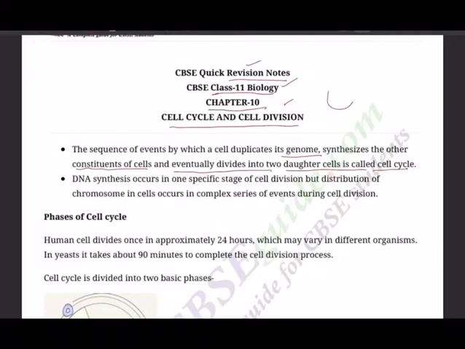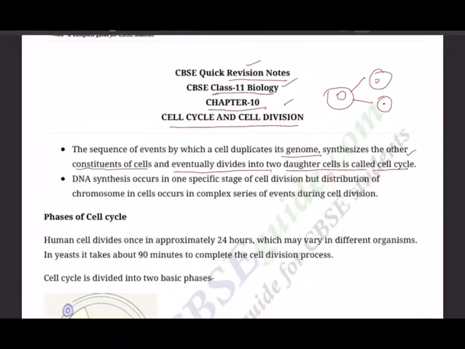So a single cell dividing, forming two or more than two cells, and this happens with cyclic changes of events. That cyclic changes of events constitute a cell cycle.